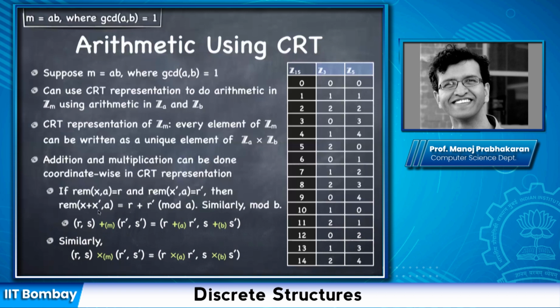So the net result is that instead of doing multiplication modulo this larger number, I can do multiplication modulo these two smaller numbers. And maybe that's all I need. I need not go back to the original representation. If I'm going to do a bunch of computations, I can keep it in the CRT representation until I'm done with all the calculations, and then I can go back to the representation modulo M.